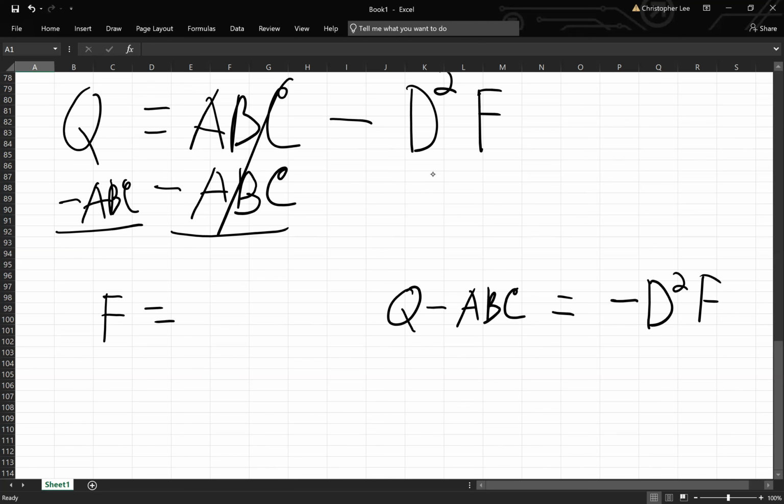Even better, divide by the negative D squared, because you want F by itself. What you do to one side, you do to the other. Question's done, that's it. Two steps. Got a whole bunch of variables, but that's all they're looking for.